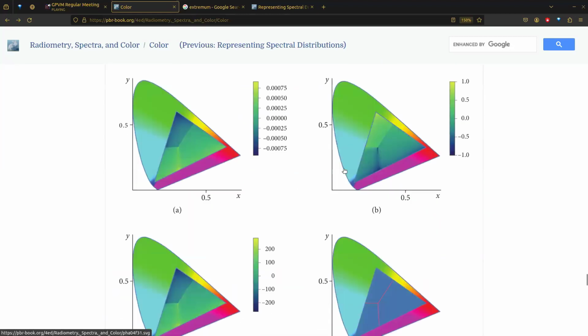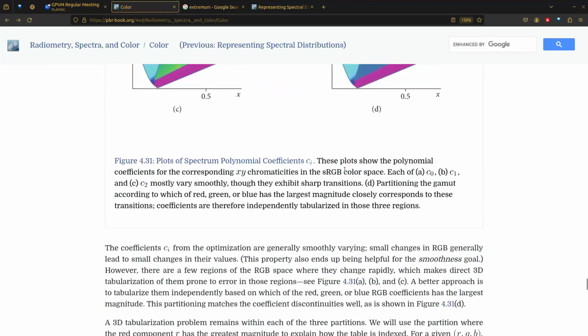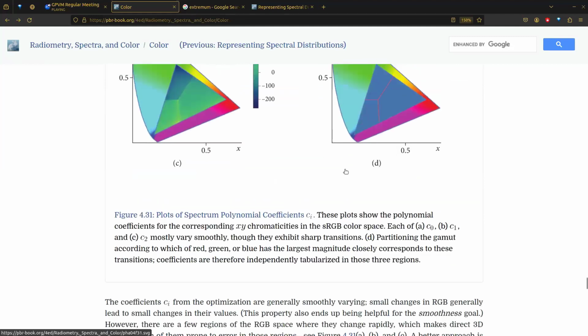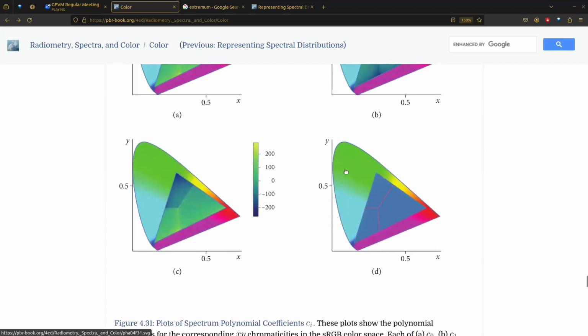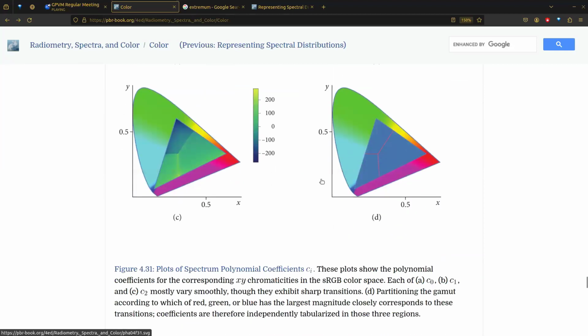Okay, so these plots show the polynomial coefficients for corresponding xy chromaticities in the sRGB color space. For each of A, C0, B, C1, and C, C2, they vary mostly very smoothly, though they do exhibit sharp transitions. Partitioning the gamut according to which of the red, green, or blue has the largest magnitude closely corresponds to these transitions.